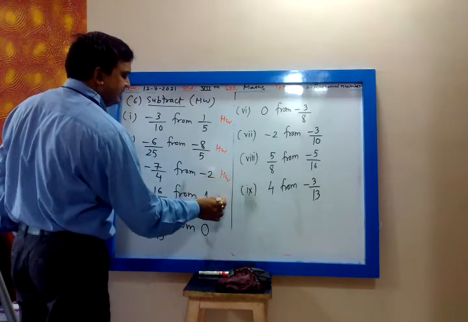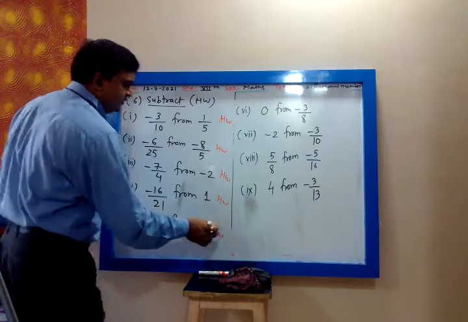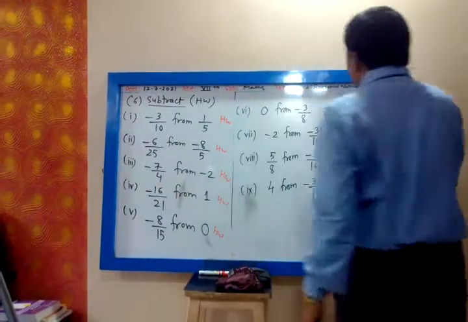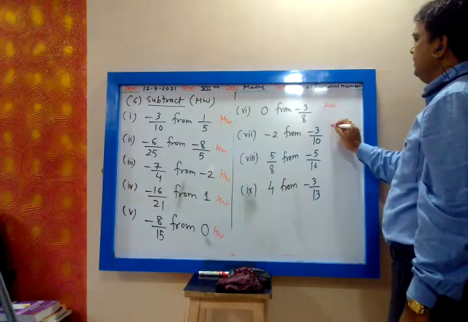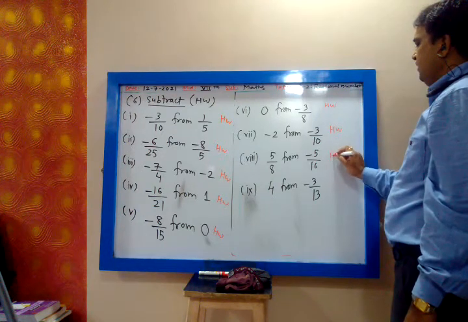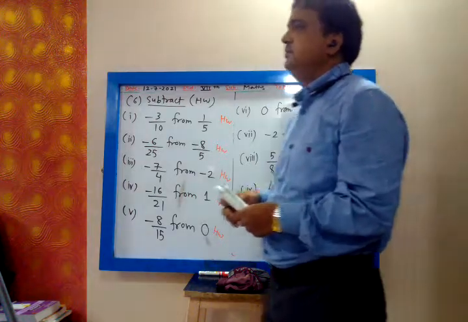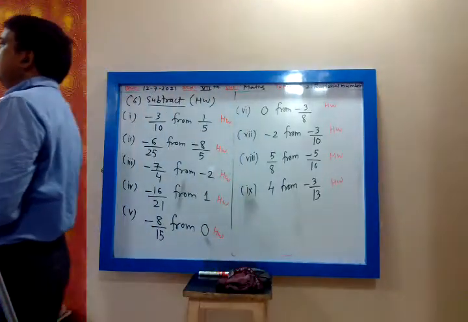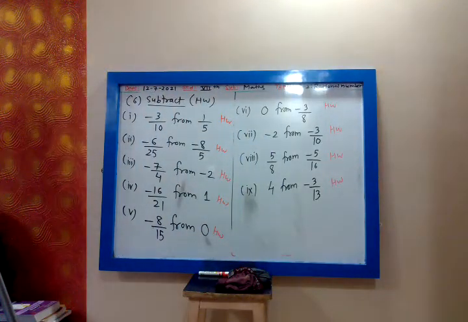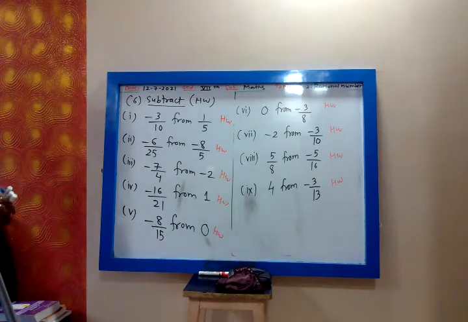And subtract means minus sign. And remember, whenever two signs are together, you have to multiply the sign. Multiplication of plus minus is minus, minus minus is plus, that's all.